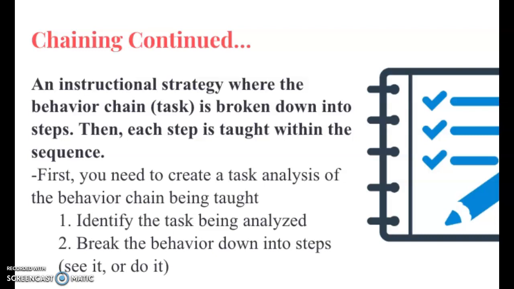The first step in creating a task analysis will be identifying the task that's being analyzed. This can be any task, from making your bed to tying your shoe, and the example I will be diving deep into today is hand washing. And then you need to break down the behavior into steps. The easiest way to do this is to watch someone do it or just to do it yourself.